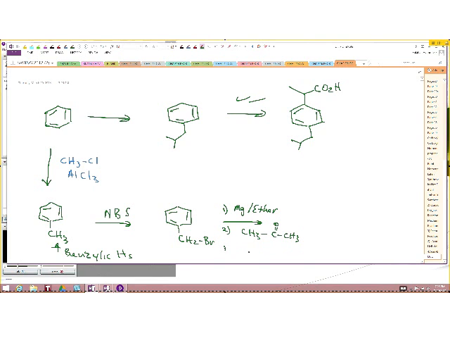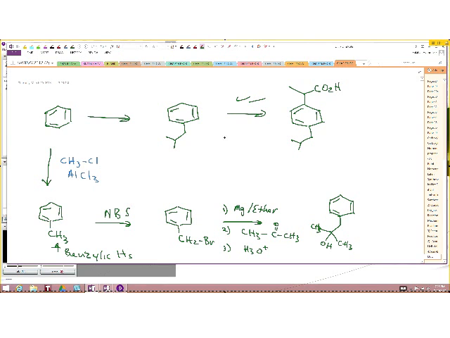And then step 3, we add dilute acid. So now I get this. Okay, so I get that.